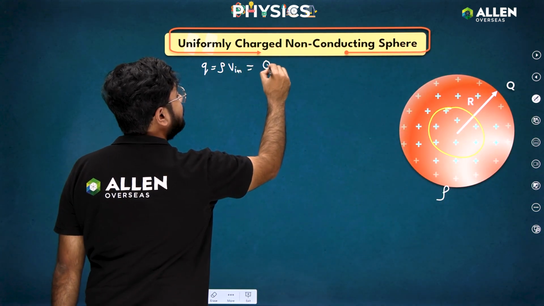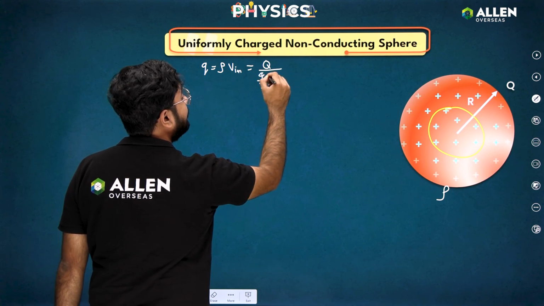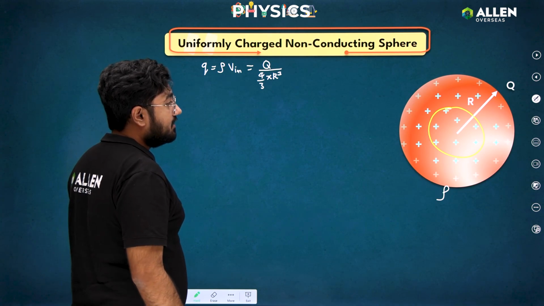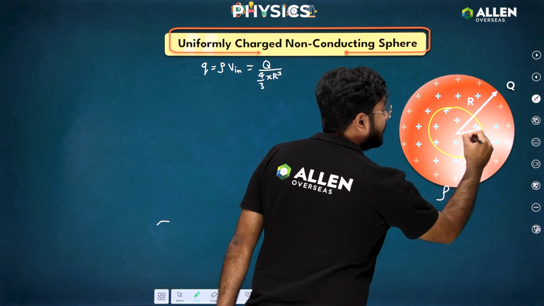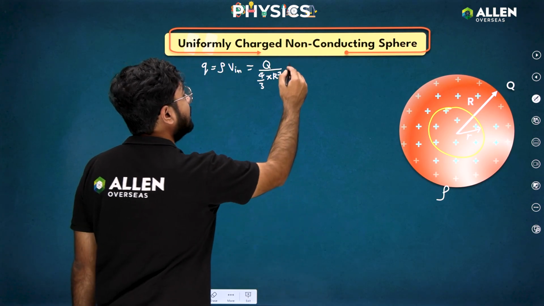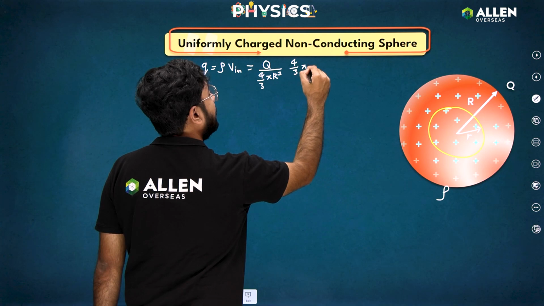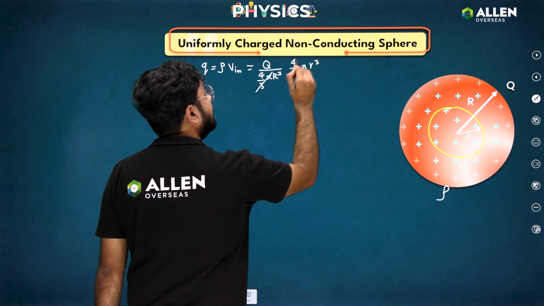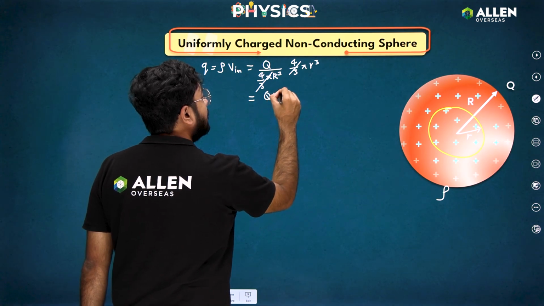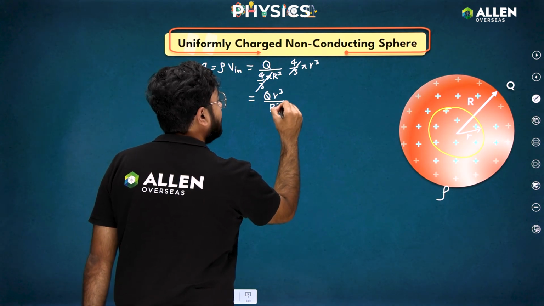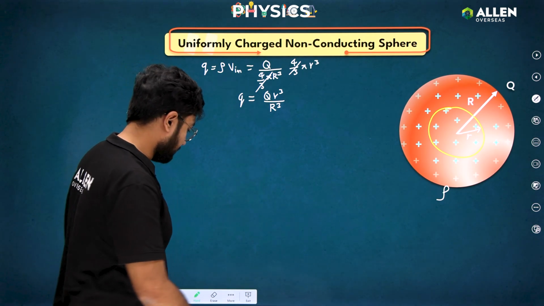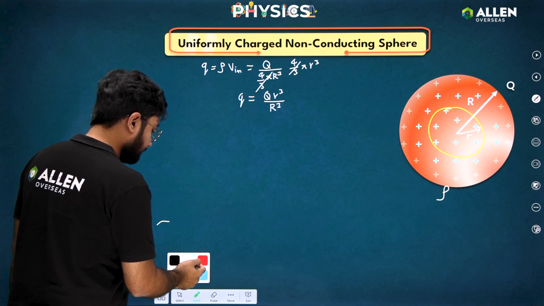So that is Q over 4 by 3 pi capital R cubed. And now suppose the instantaneous radius of the sphere is small r. So this thing is 4 by 3 pi small r cubed. This gets cancelled definitely. So this thing is Q r cubed over capital R cubed. This is the charge. Okay, nice and easy.